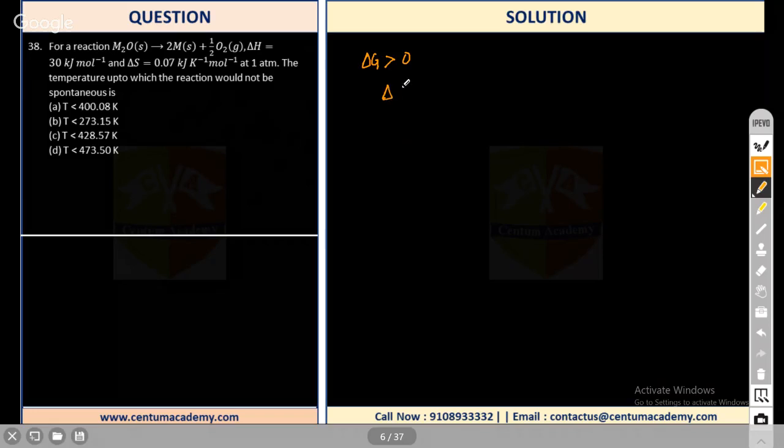And we know the relation of delta G is delta H minus T delta S. So applying the condition of a non-spontaneous process, delta H minus T delta S should be greater than 0, which is nothing but temperature is less than delta H by delta S. When you substitute all these values here, you will get the answer, and the correct answer is option C only. So all of you have got the right answer.